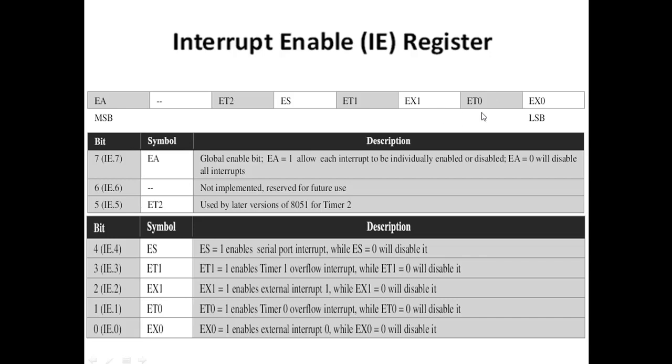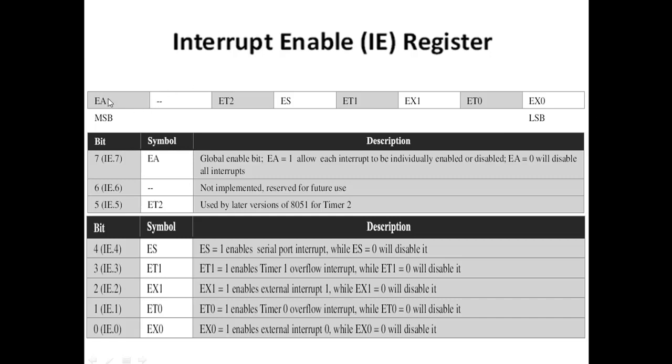For any interrupt to work, first of all, you have to enable this EA bit. This is known as the global enable bit. If this bit is 1, it allows each interrupt to be individually enabled or disabled. But if you make it 0, it will disable all the interrupts.